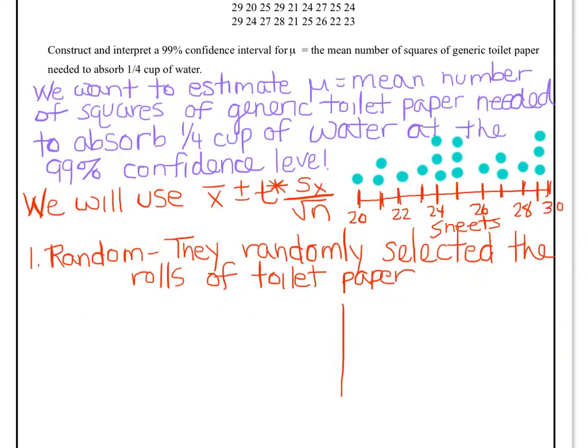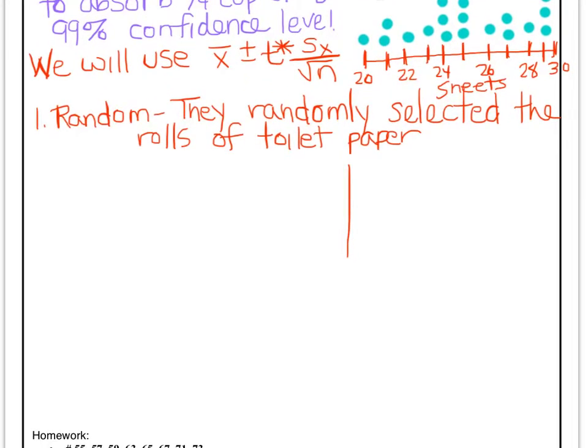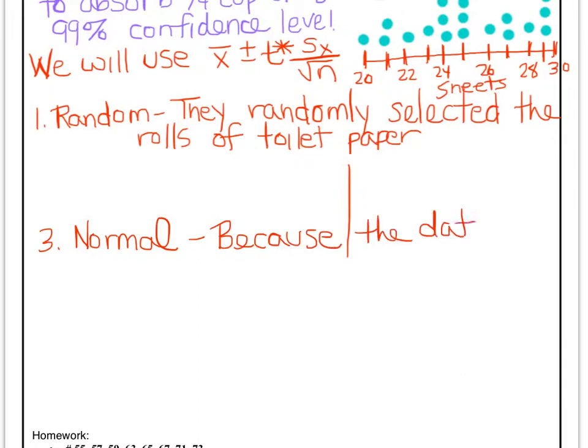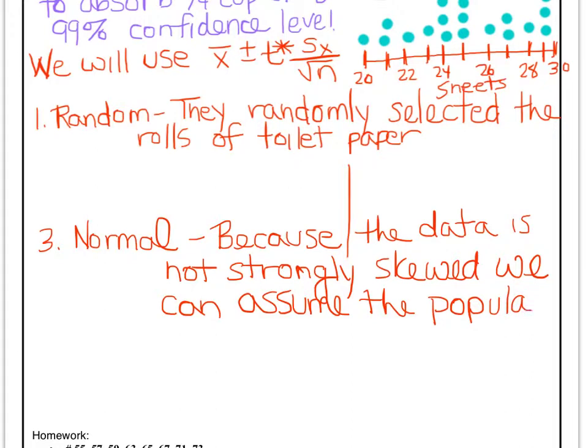So I can say that since it's normal, because the data is not strongly skewed, we can assume the population distribution is approximately normal.